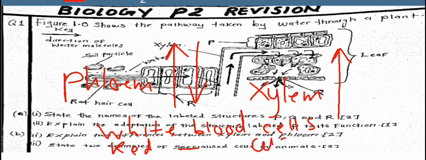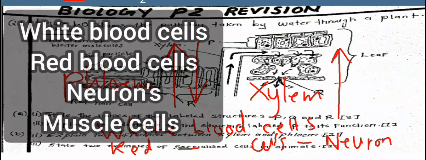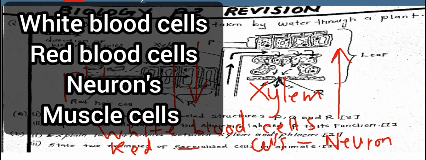Then apart from the red blood cells, we can also include the nerve cells or the neurons. Then apart from the neurons, we can also include the muscle cell and so on. So you can just choose from these. Then let's see the next question.